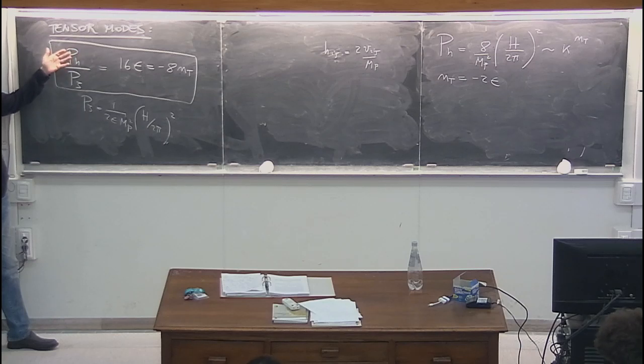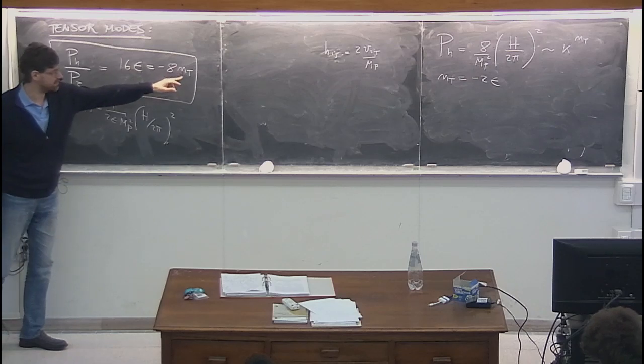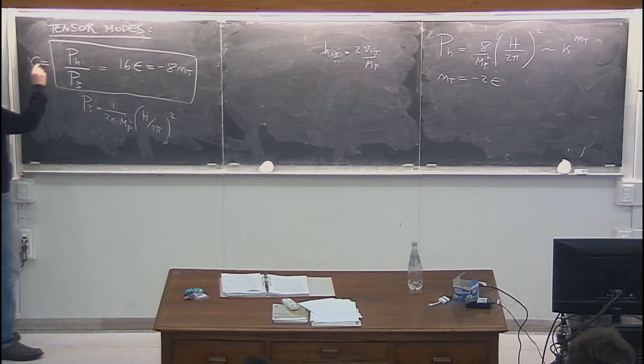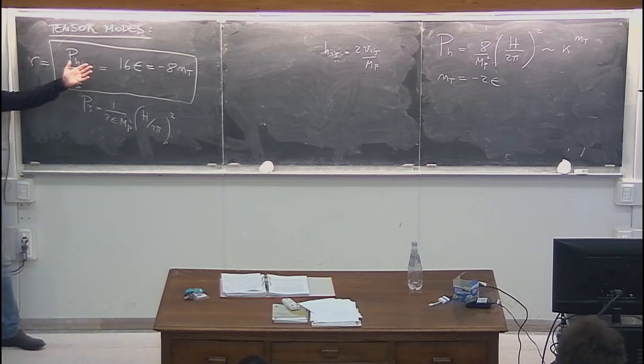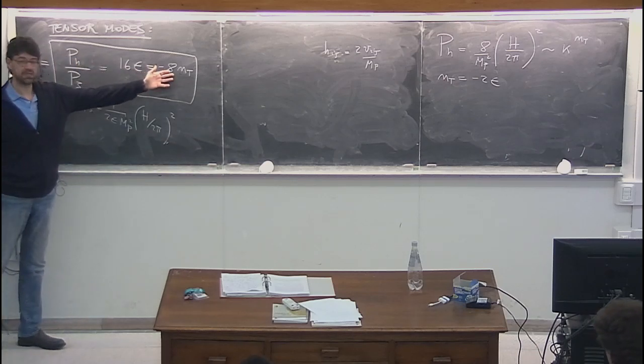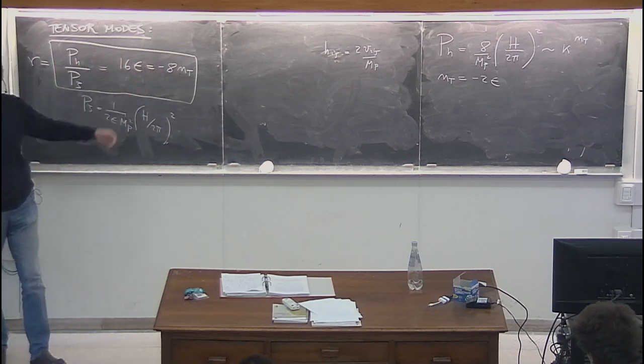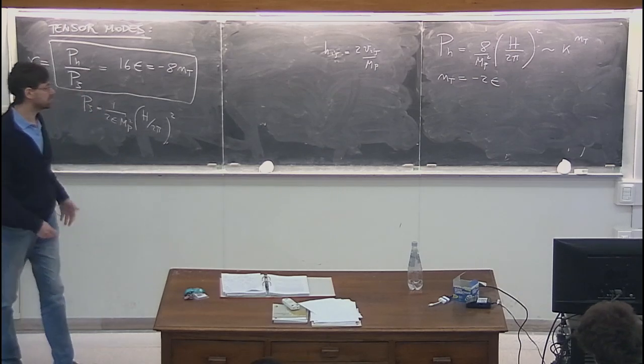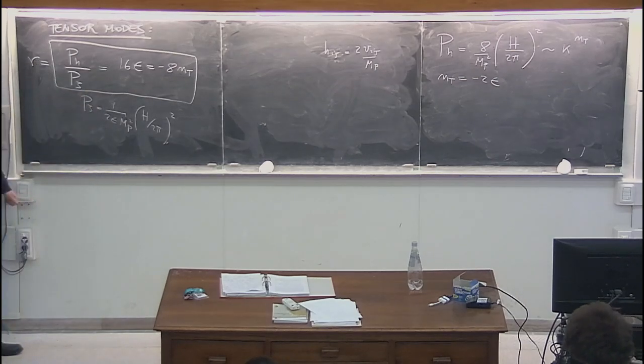But if one day we will be able to measure the power spectrum and its tilt, the n sub t, then there is a fundamental relation. In fact, this quantity is usually called small r, and it relates observable quantities. And of course, if this relation is confirmed, this will be telling you that most probably inflation goes through a single degree of freedom.